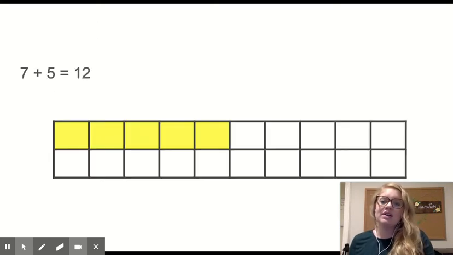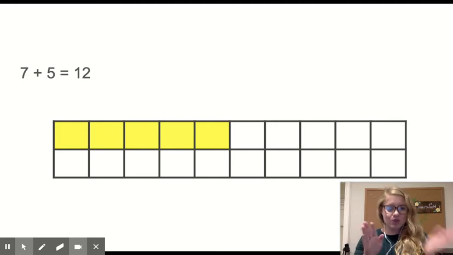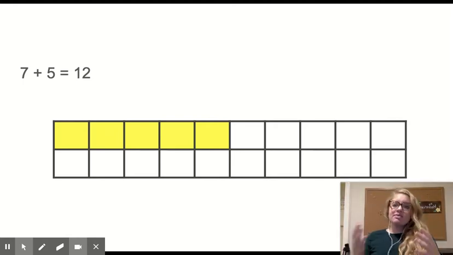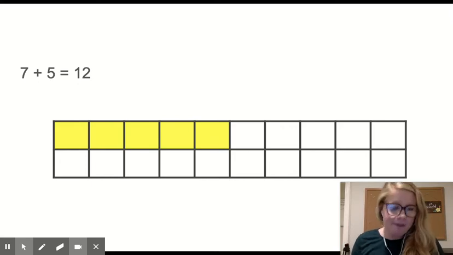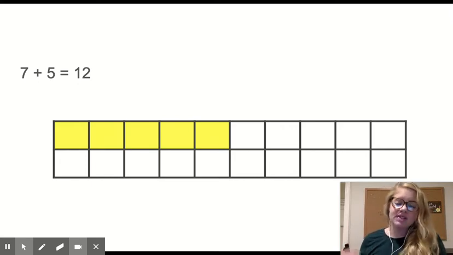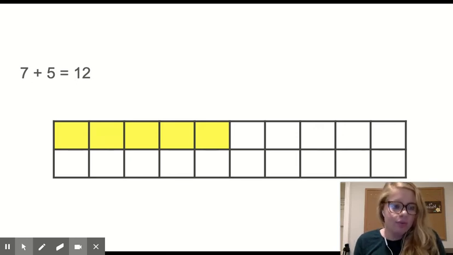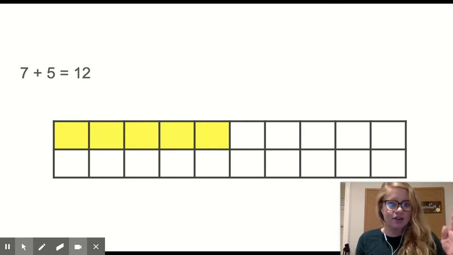Okay. If we switch it, right, so now we have 7 plus 5 is 12, and we only have 5 in our bars down here, then we're going to want to break the 7 up. What would we break the 7 up into to first make that 5 into 10? 5, right.